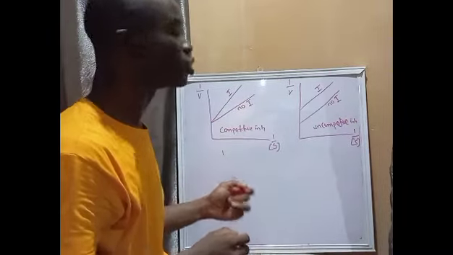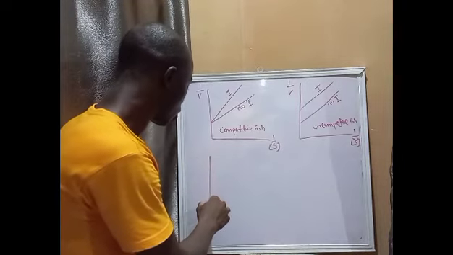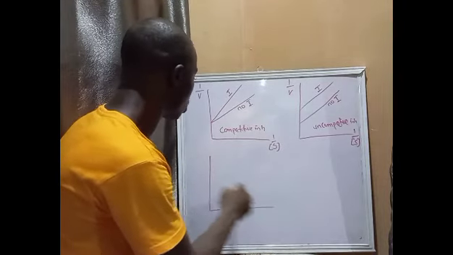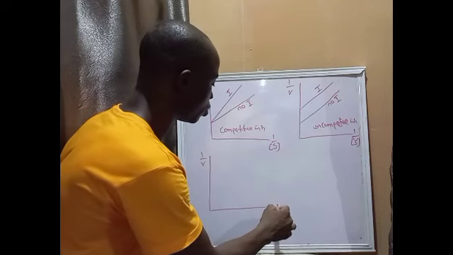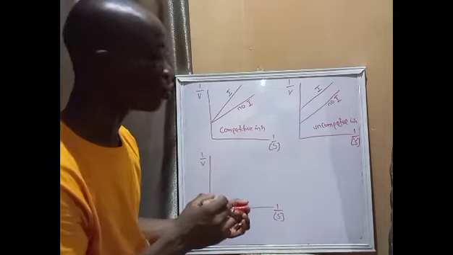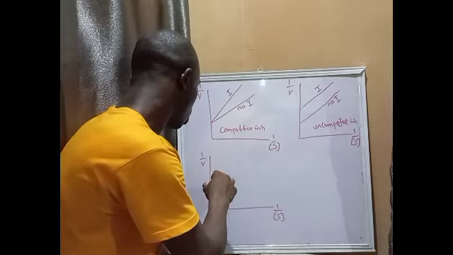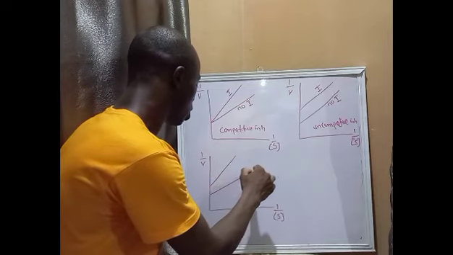For the last one, which is the non-competitive inhibition, you have a graph like this. The same thing, you're also plotting 1 over V against 1 over substrate concentration. So if you do that, you are going to have something like this, and at the same time something like this.